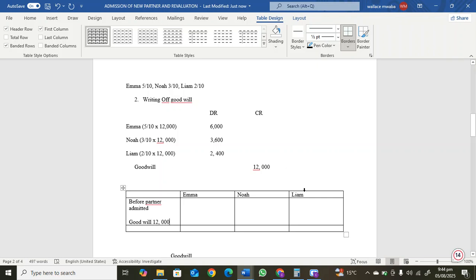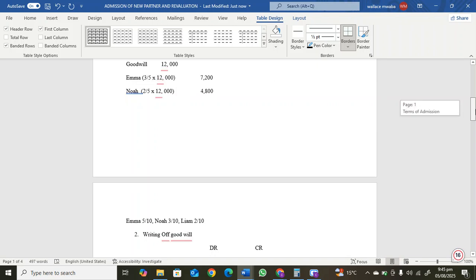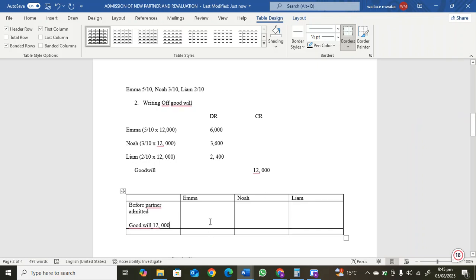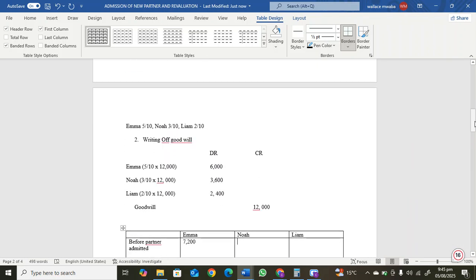Remember, with this we use the old profit sharing ratios. Emma 3 over 5, Noah 2 over 5. So Emma gets 7,200. Noah gets 4,800.